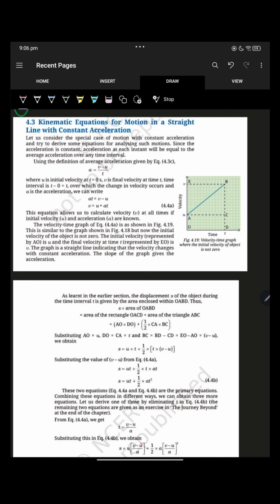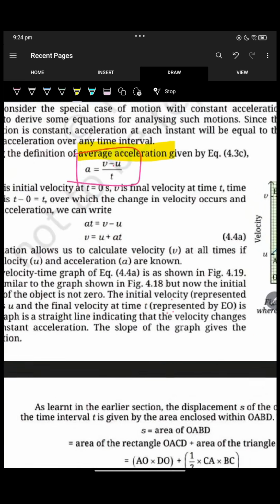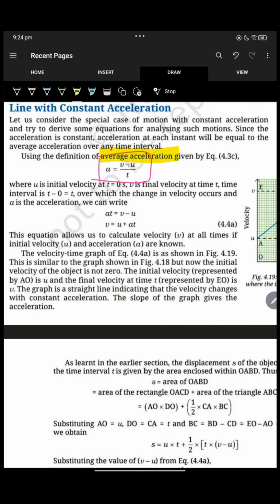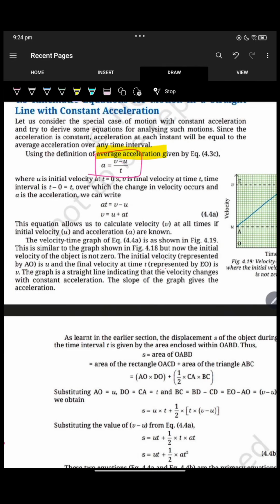We have seen what average acceleration is in the previous modules, where we know that acceleration is the change in velocity with respect to time. The average acceleration is given by a is equal to v minus u by t, where v is the final velocity, u is the initial velocity, and t is the time interval.